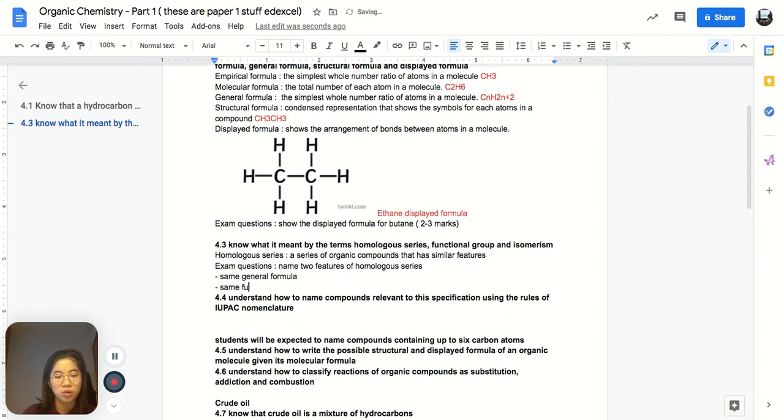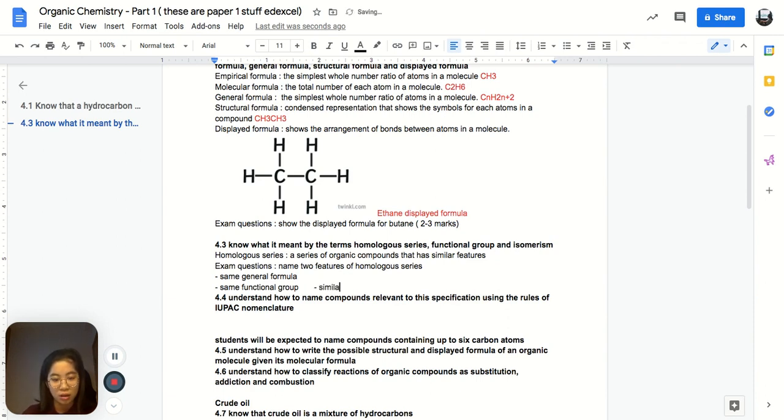So they also have the same functional group. And if you guys don't remember what functional group is, I will tell you guys next, so we can move on from that first.